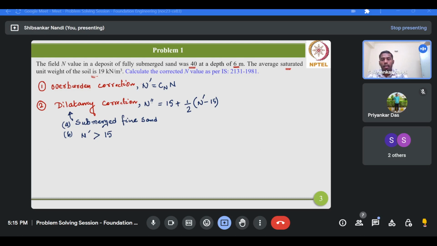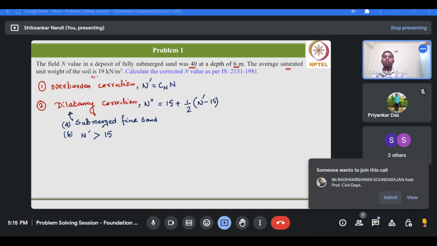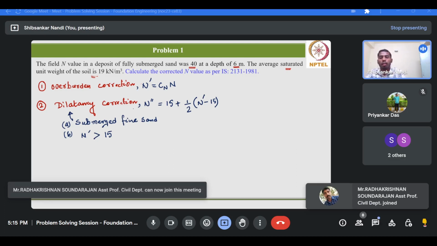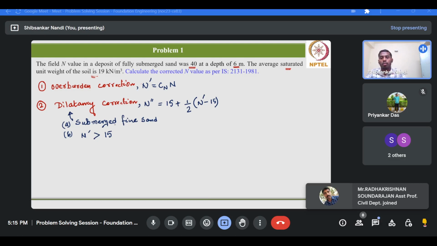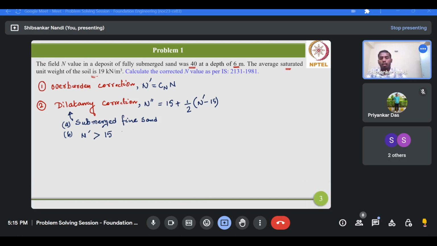Okay, and this N double prime indicates that it has taken care of both the corrections, overburden and dilatancy. And please keep in mind that this dilatancy correction is only required when the soil deposit is submerged or fully saturated fine sand, and that the corrected SPT value after overburden correction is greater than 15. Otherwise, there is no need.